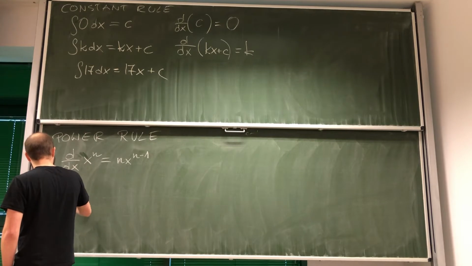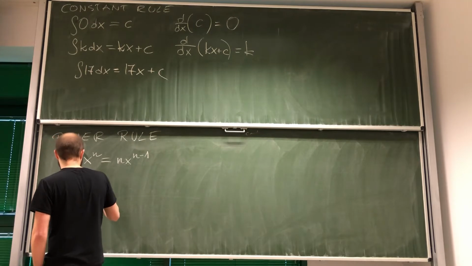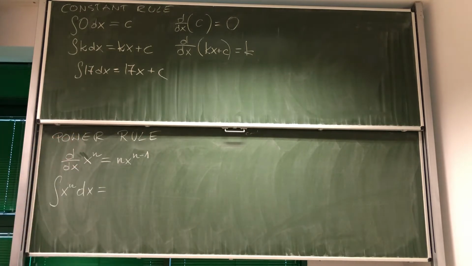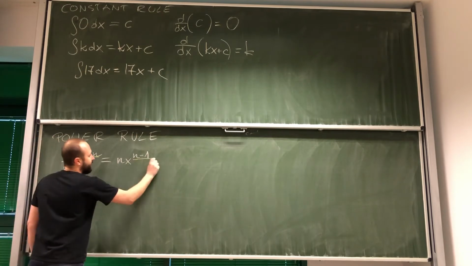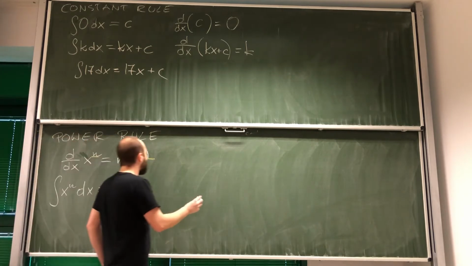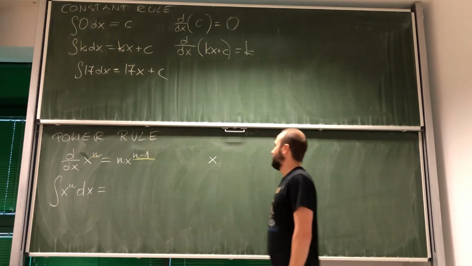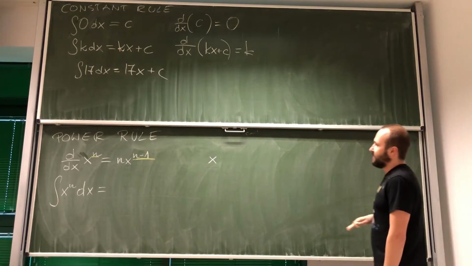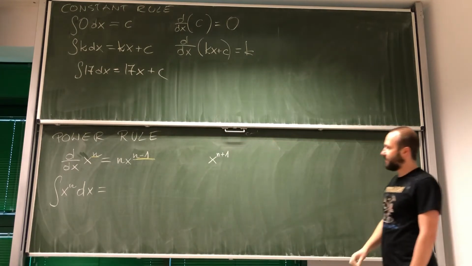So I want to know what is the integral of x to the power of n dx. Okay, so look, first thing we are noticing here is that here we used to have n, but then after differentiation we had n minus 1. So, look, probably if I want to integrate some function, instead of subtracting 1, I should be adding 1, right?